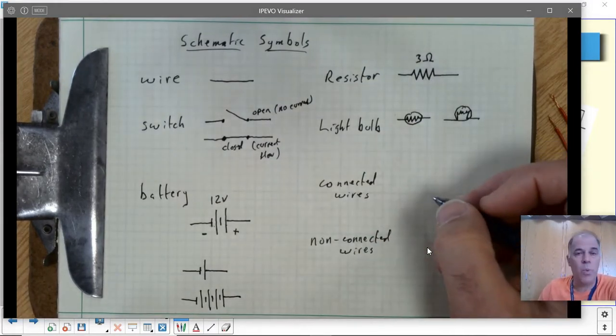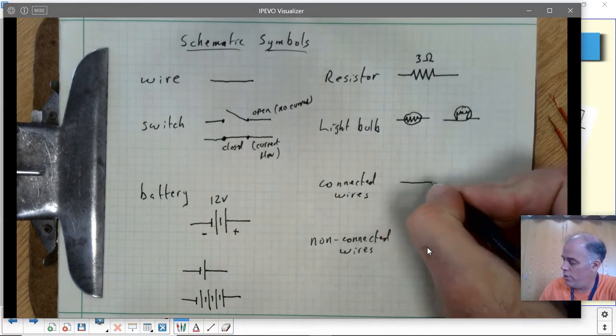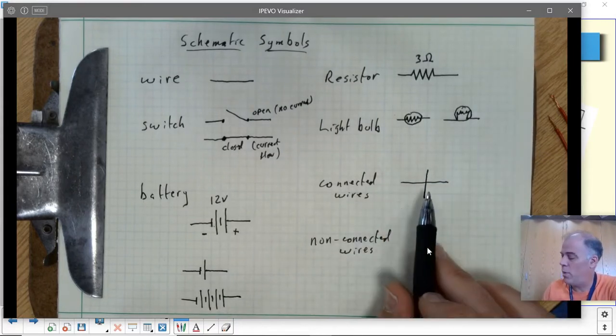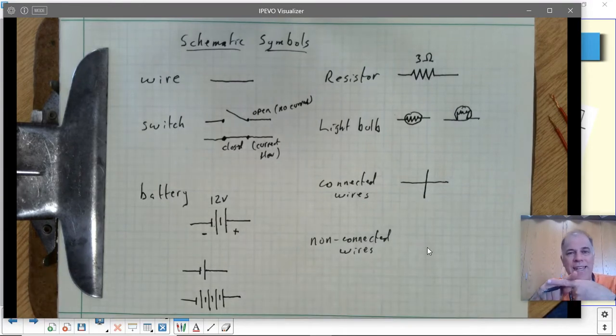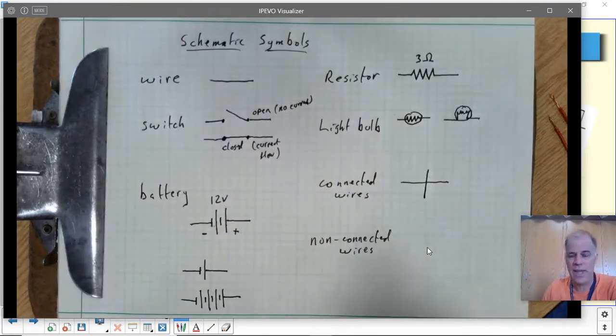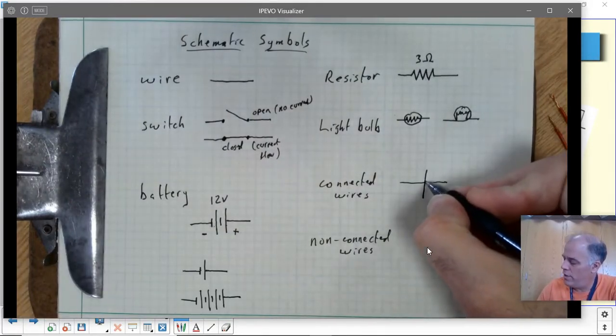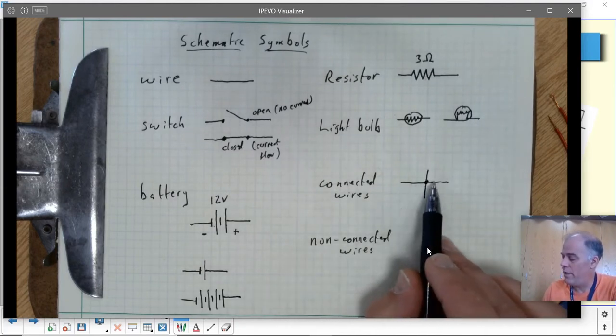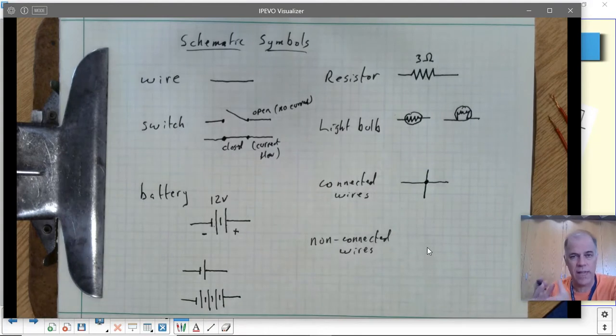Okay, now sometimes wires are connected to each other. If we draw them like this, that's ambiguous. You don't know if those wires are actually electrically connected to each other or if they're just stacked on top of each other. You can't tell. So if we put a dot on it, that means that they are connected. That dot means that everything that goes into that point is electrically soldered together or welded together.